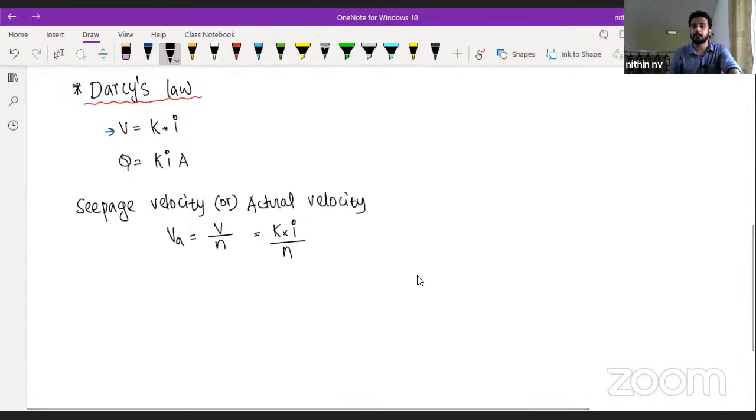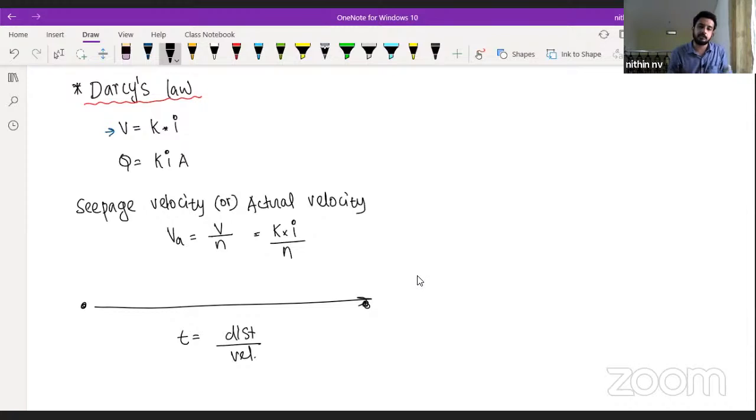And where is the application? If they are asking what is the time of travel of a tracer from one location to another location, we can calculate it using distance divided by velocity, because velocity is equal to distance by time. But whenever we are substituting this velocity, what you have to take?